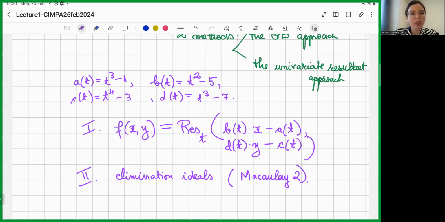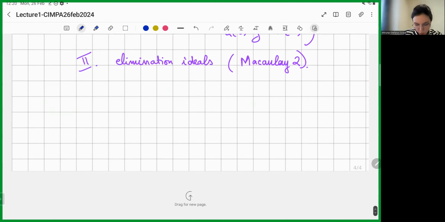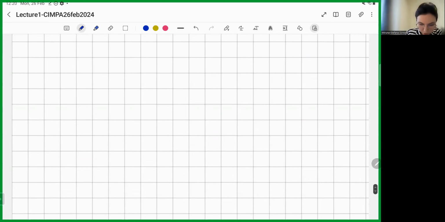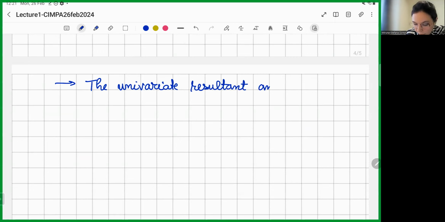I want to present the theory about this because I need the discriminant in the paper I'm going to present in the next lectures. So we need to know this notion. So the example part is done. We can go to the univariate resultant and the discriminant.